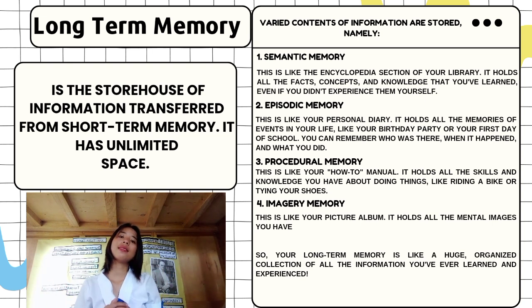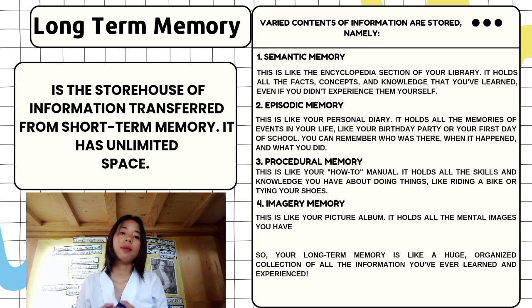The next is the imagery memory. This is like your picture album. It holds all the mental images you have, like what a giraffe looks like, or what your favorite food tastes like, or you can use these images to help you remember things.